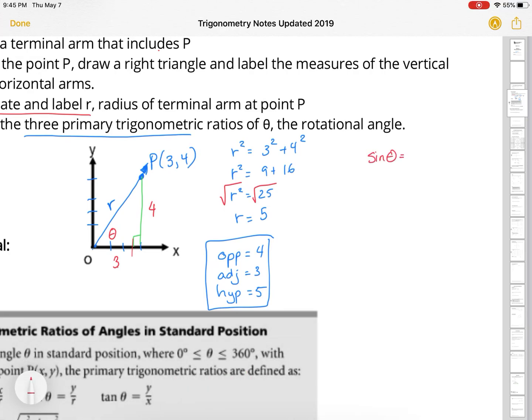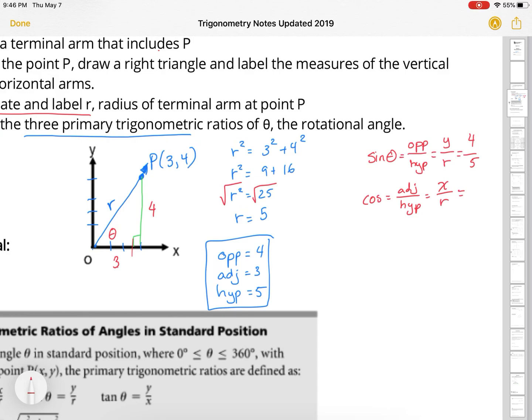So let's write those three trig ratios out using these. Sine theta is equal to, SOH CAH TOA, opposite over hypotenuse. If we also look here, the opposite is the y value, and the hypotenuse is r, so that is 4 over 5.